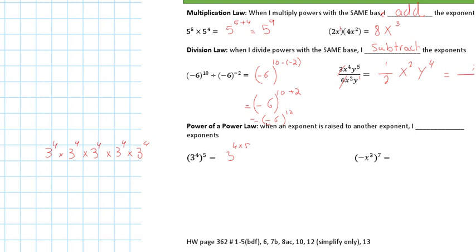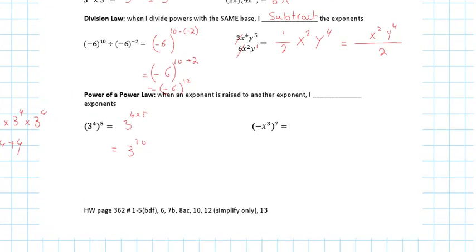So that's going to be 4 times 5, which is 20. Instead of doing all of this and then adding 4 plus 4 plus 4 plus 4 plus 4, it's as simple as 4 times 5. Keep my base, and multiply the exponents.